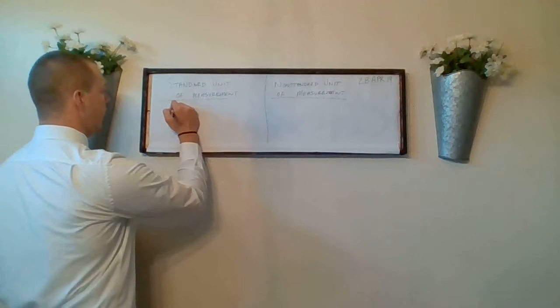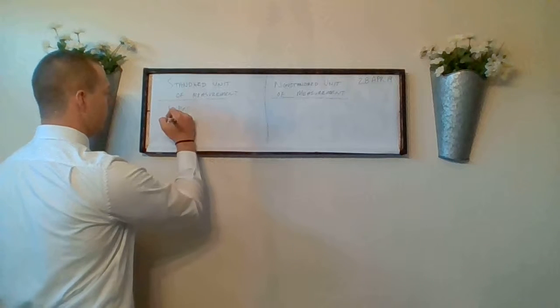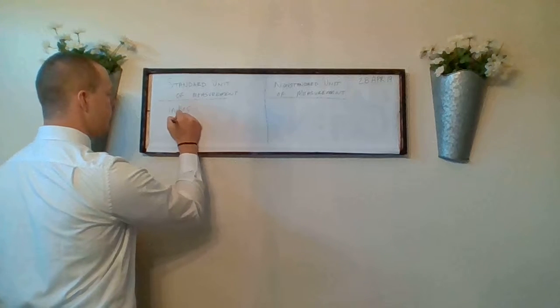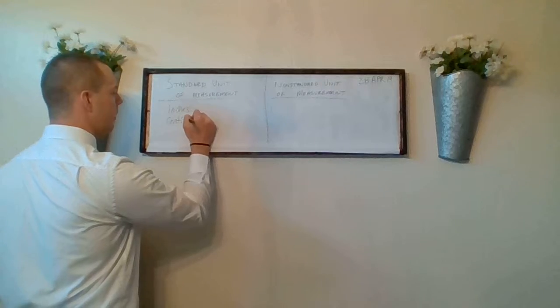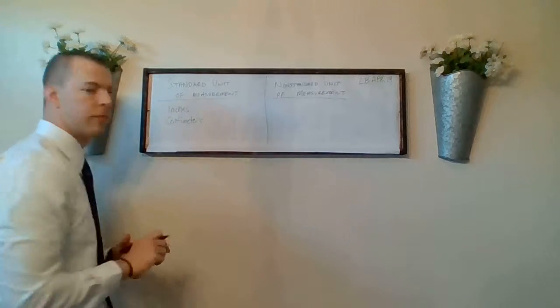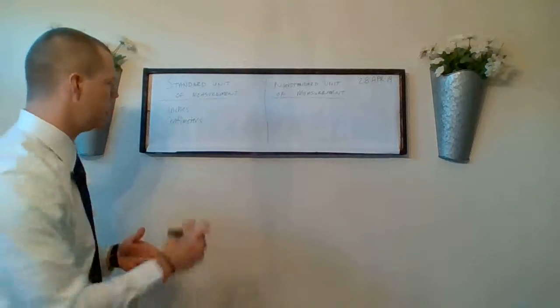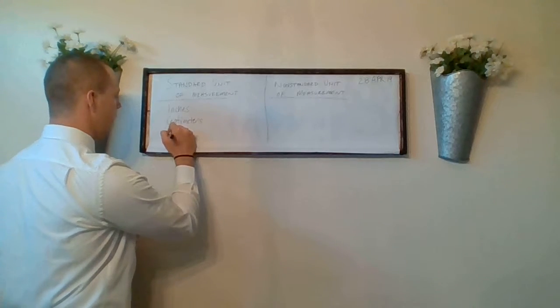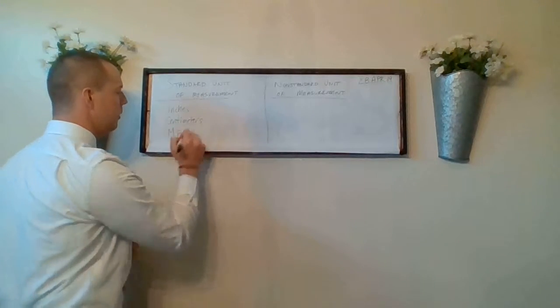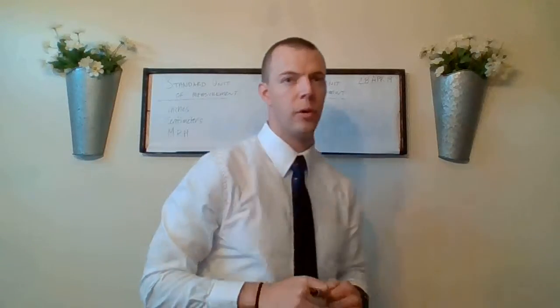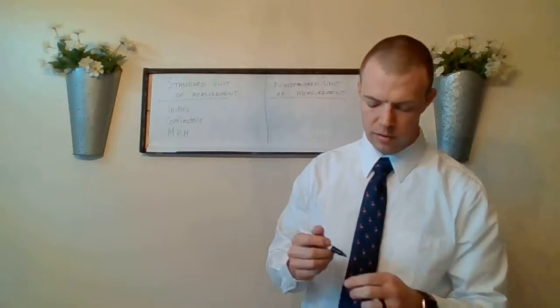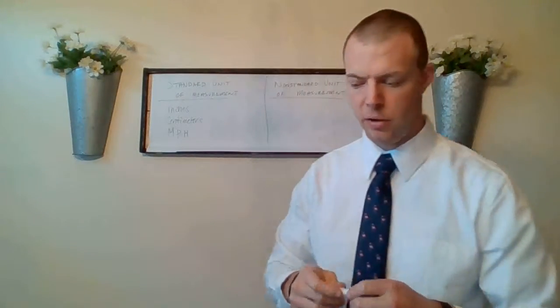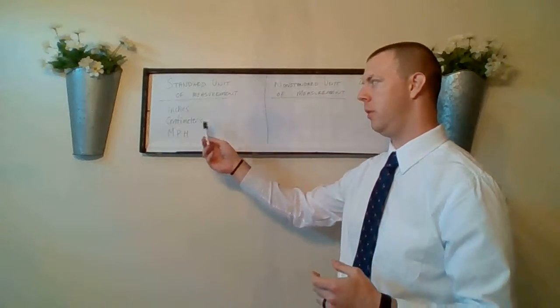So we have inches. We also have centimeters. Anybody else? Okay, yeah. Like I was saying, you got miles per hour, right? So to me, a standard unit of measurement falls under one of these categories.